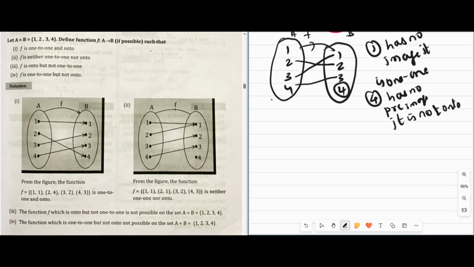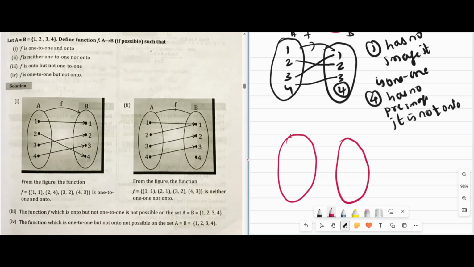So like this you should give examples. For one-one but not onto, it should be one-one but it should not be onto.